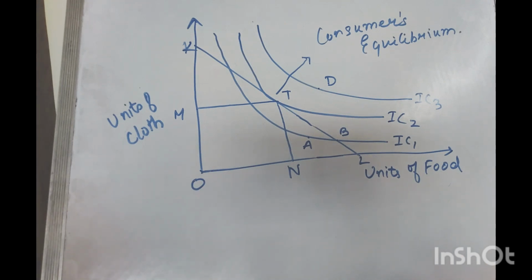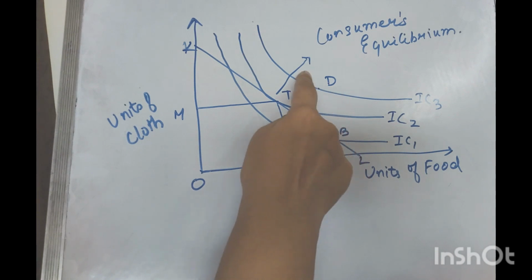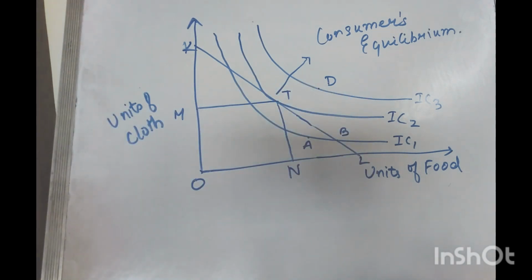The consumer cannot afford it because it is beyond the budget line. If your budget is rupees 100, you cannot buy anything which costs 200, because that is beyond your reach. Here also it is the same thing.